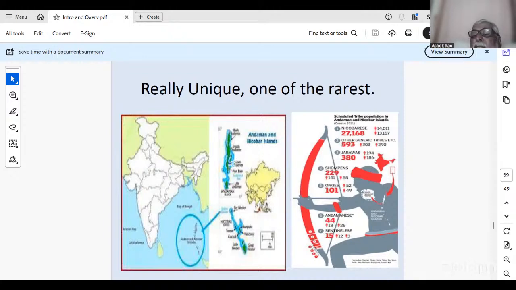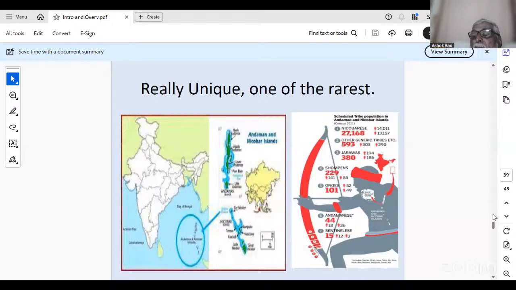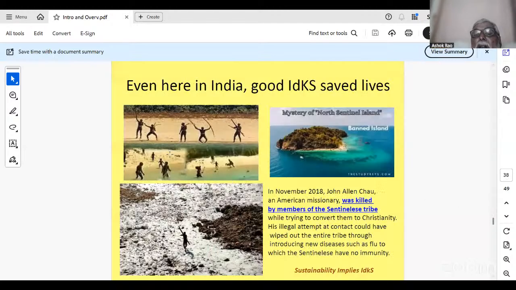There are about 15 or 20 different tribes all along, and each one has its own culture. What is common is this: they all share a hunter-gatherer society, mainly fishing, even now with bows and arrows.